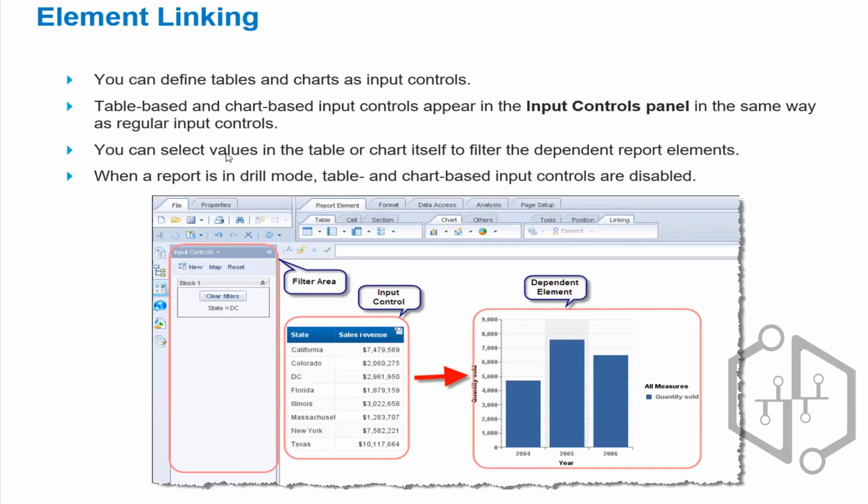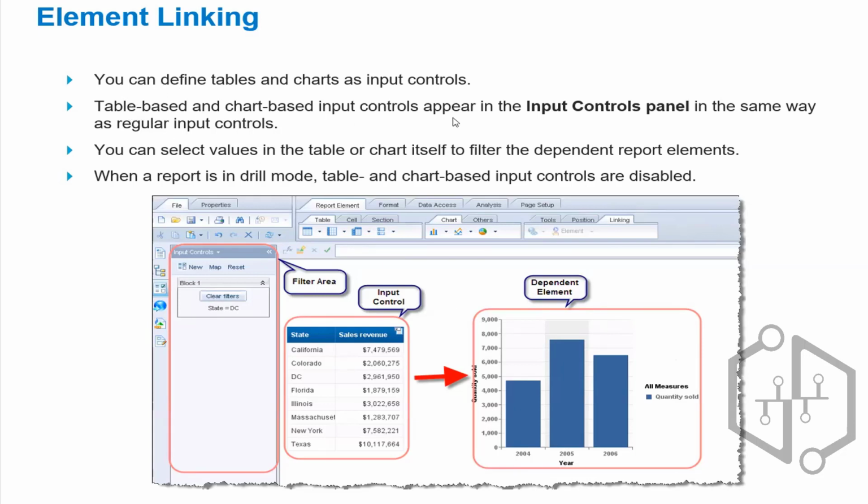If we apply element linking, then it is possible. If I click on the state California, then the year-wise quantity sold for that particular state will appear in the chart, because this is an input control and this is a dependent element. In that way also we can control.